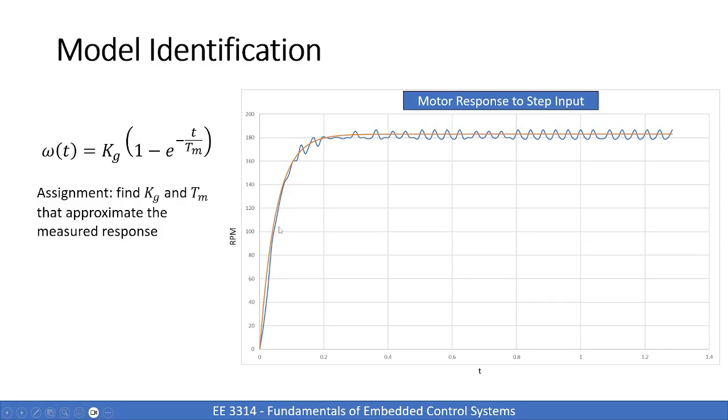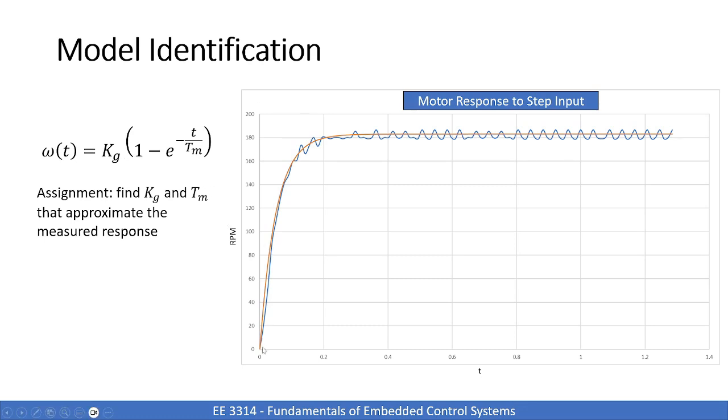Okay, so that's really what the next assignment's going to be, and we'll call it the model identification assignment or something like that. Basically, the assignment is to take that data that I'm going to give you and mathematically determine what Kg and Tm should be. And then I want you to show me your plots.